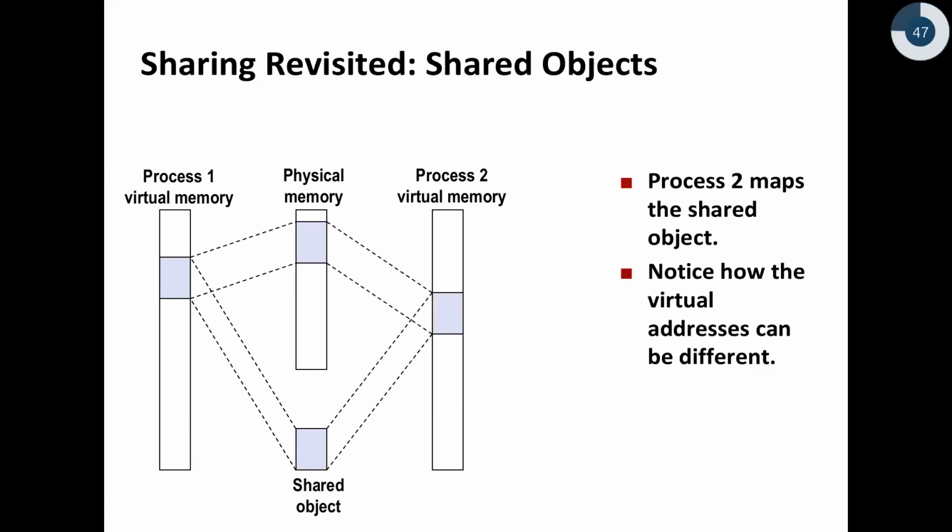Process two can map the shared object in a completely different place. The physical address for the shared object is going to be the same, but the virtual address in each process is going to be different.